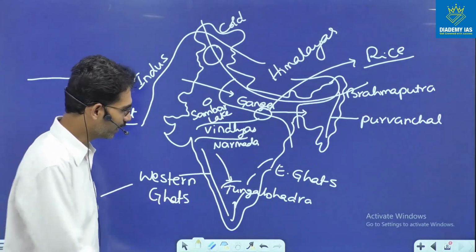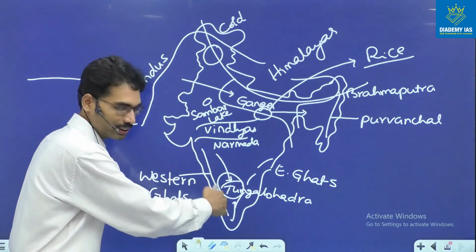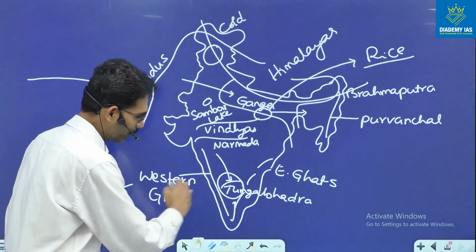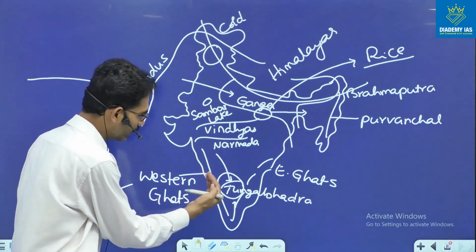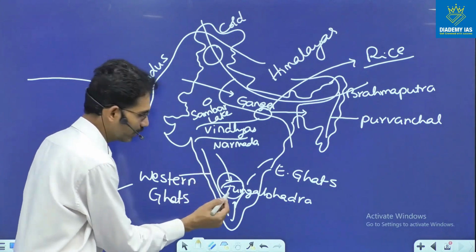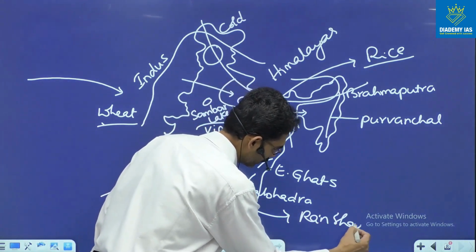This area is a rain shadow area. Because of the Western Ghats, even when the monsoon comes, the Western Ghats stop the monsoon. Only this part gets more rainfall, and this part gets less rainfall. That's why it is called a rain shadow region.